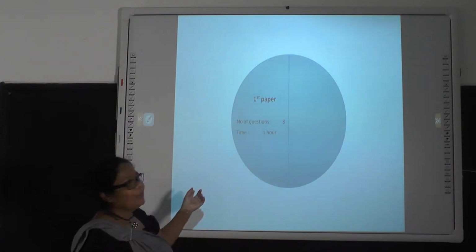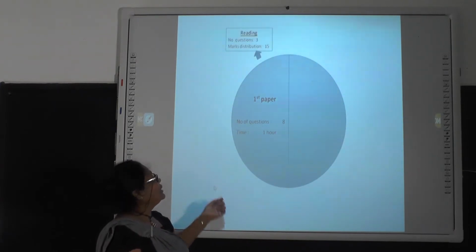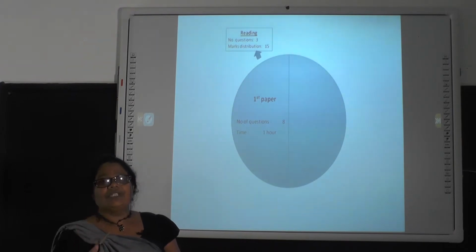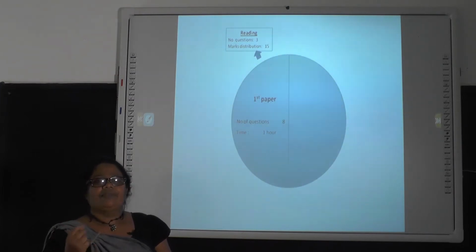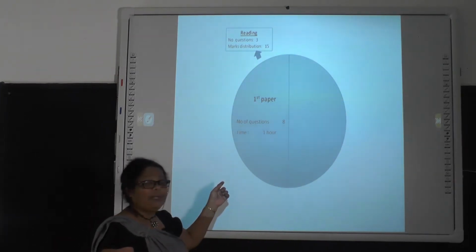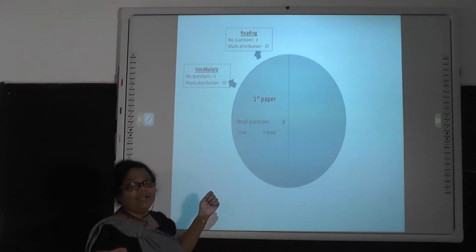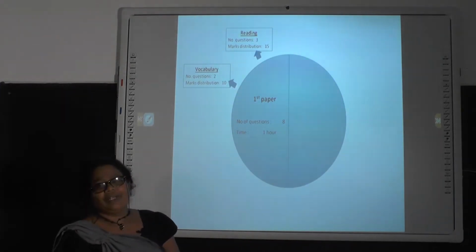Putala, when talking about the first paper, when we consider reading, you can see there are 3 questions. There are 3 questions in your first paper to answer, right? Each carries 5 marks. That means, remember, 15 marks. You can earn 15 marks. And the second thing is vocabulary.